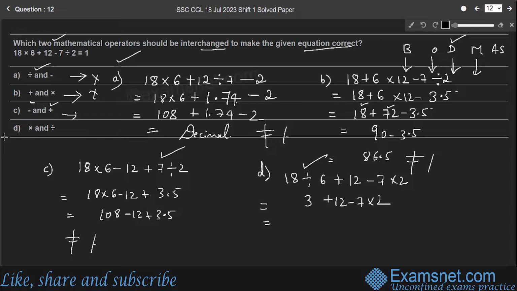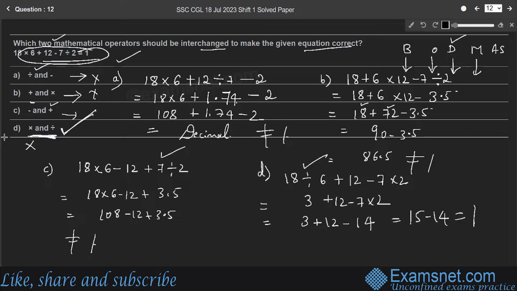Next comes multiplication, 7 into 2 becomes 14, right? Which is equal to 15 minus 14 is equal to 1. Therefore, if we interchange into and division signs, LHS will be equal to RHS, right? Therefore, to make the given equation correct, we need to interchange multiplication and division signs in the given equation. So option D is the right answer.